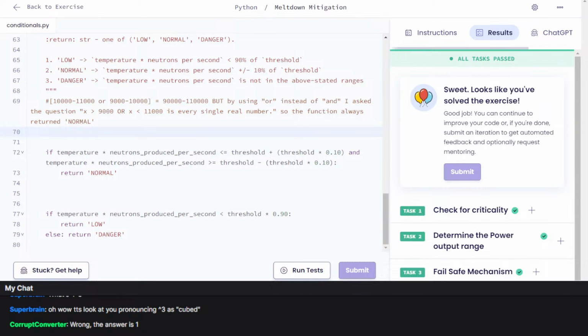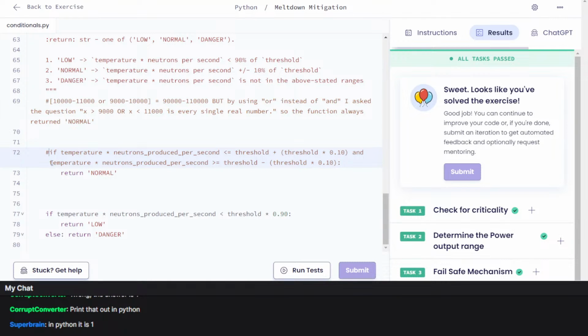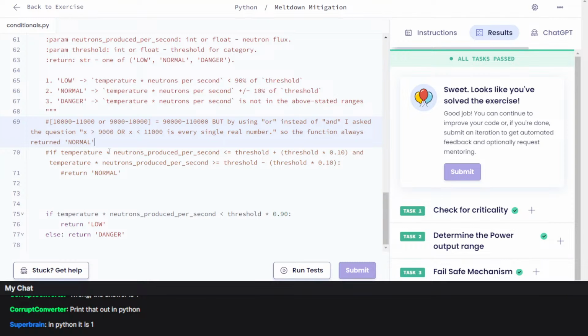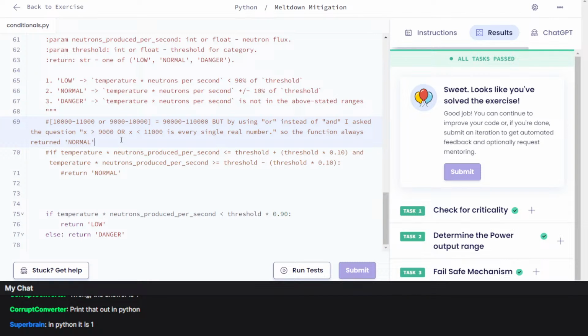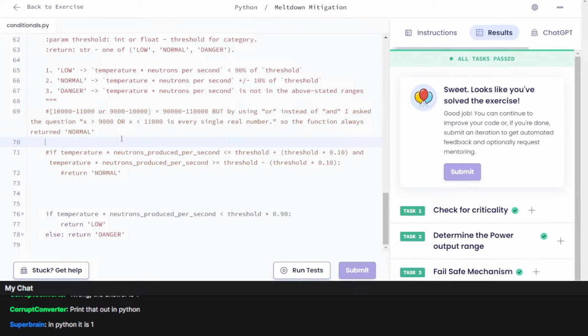Me? Wait, it's not 1? I think. Anyway, I'm gonna do the thing real quick. Okay, comment this out. Corrupt Converter says print that out in Python. The solution below.